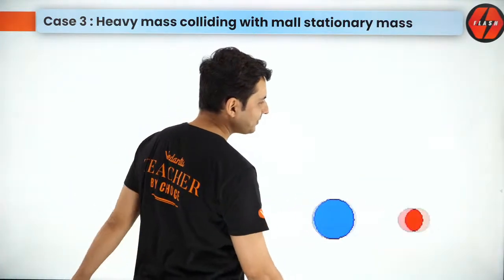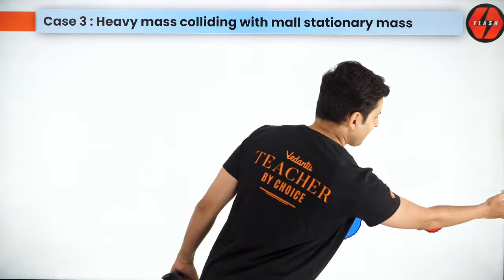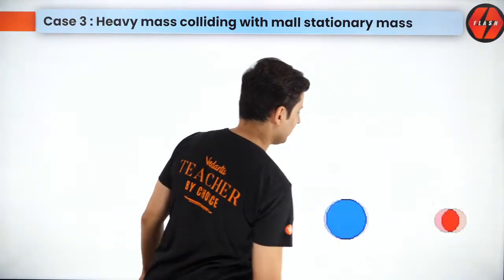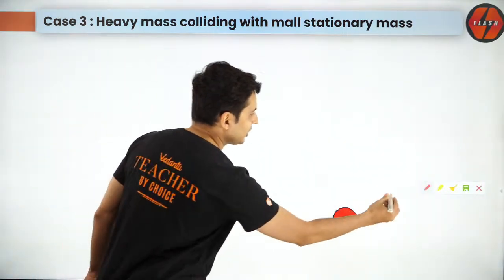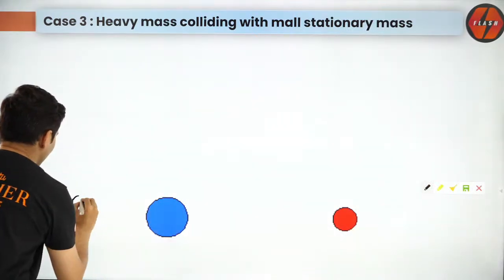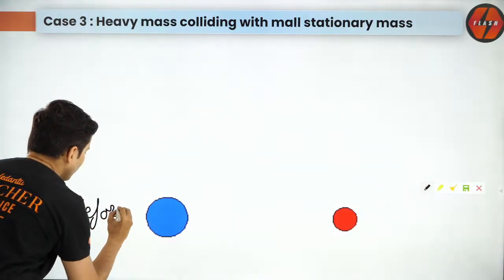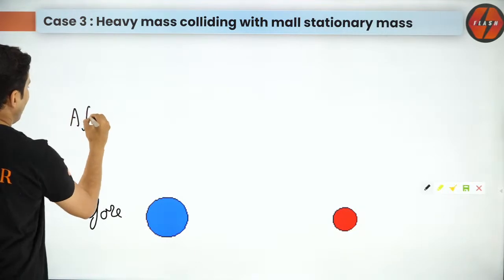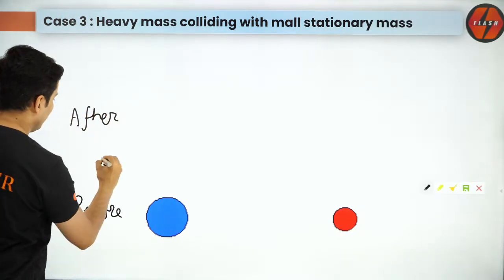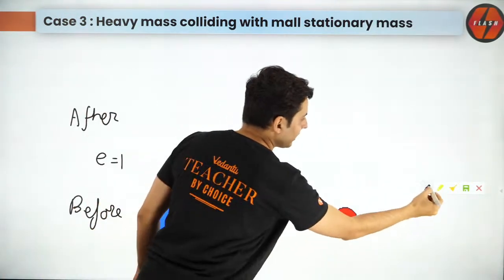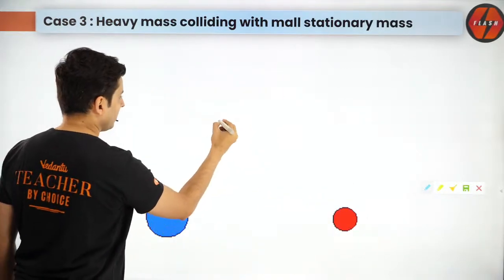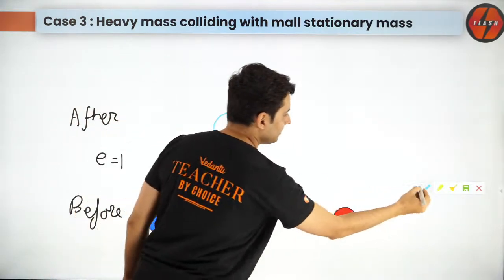Let's see. This is the situation before. Let me draw the situation after, and obviously e is 1, and this is afterwards.